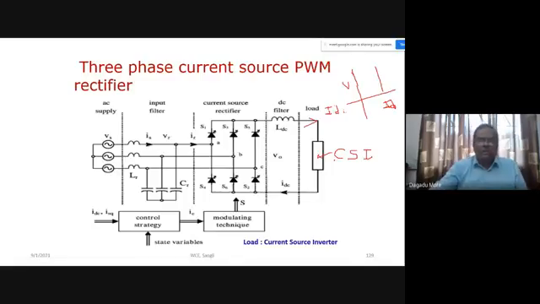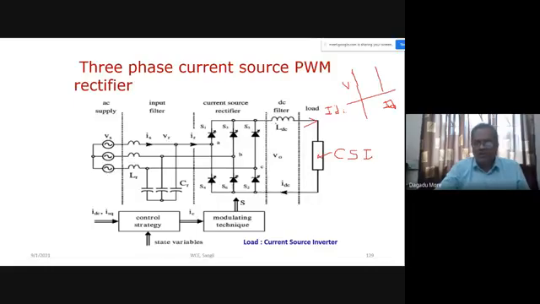Now here we have a duality principle, between the current source PWM rectifier and the voltage source PWM rectifier. At the output side of the voltage source rectifier, we have seen that we require a capacitor, but here at the output side we require an inductor. That is a duality.